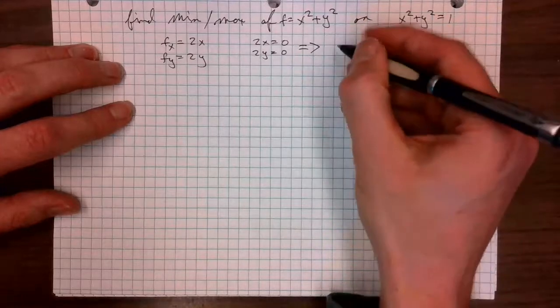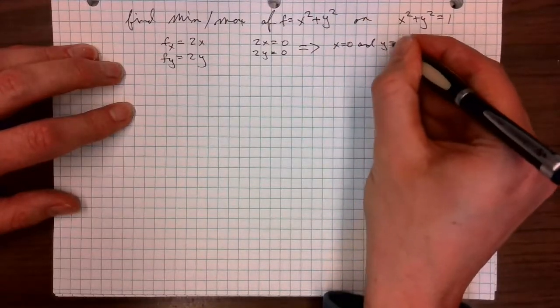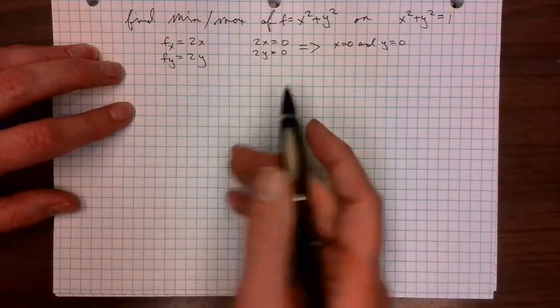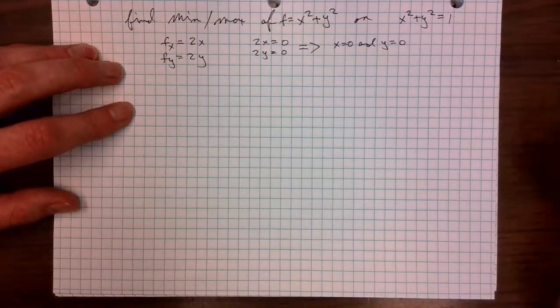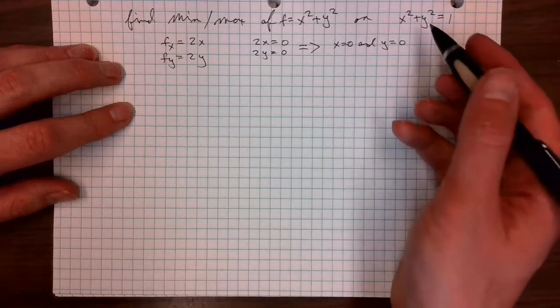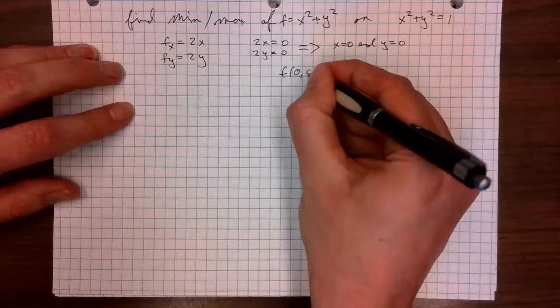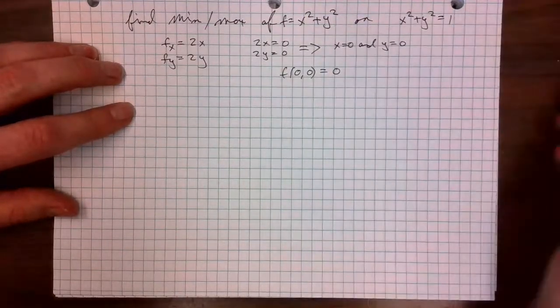That means that x equals 0 and y equals 0. So 0, 0 is the only critical point inside, and the function is 0 at the origin. Well, let's look at the boundary.